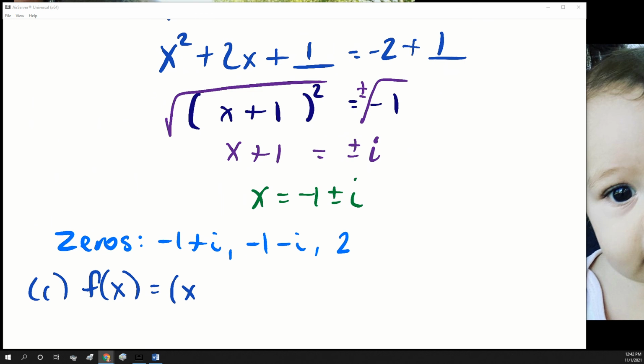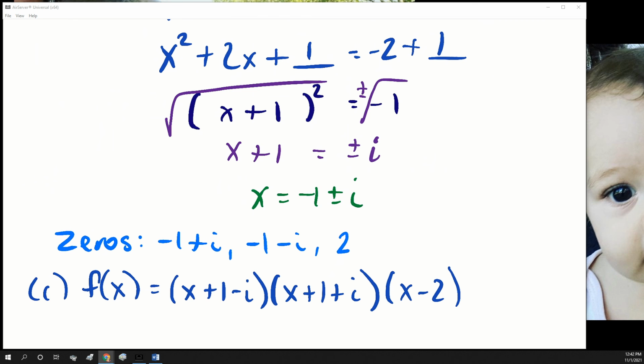So we would change the -1 to +1, and then the positive I to negative I. It was a lot of people. It was enough to make me emphasize it today. Then same thing on the next one. So X, and then you have to change both of those signs. So +1 plus I. And then nobody messed up on the ones that were integers. That was fine. X minus 2.